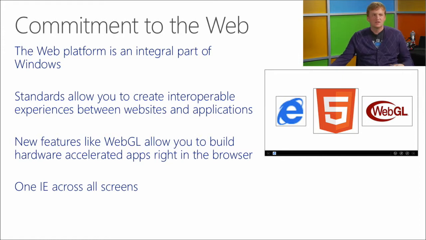But we've introduced a lot of new features into IE 11 with Windows 8.1. And standards is one of those areas that we continue to develop. We want to adopt more web standards. We want to make it easier for developers to write not only for Windows, but to write one web app that works across all platforms. And so as new standards are created, we work to adopt those.